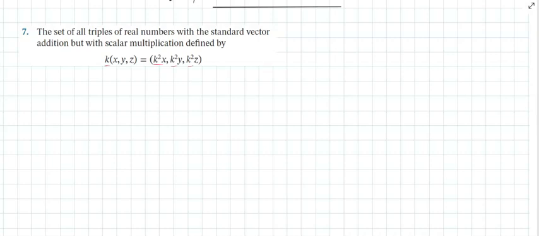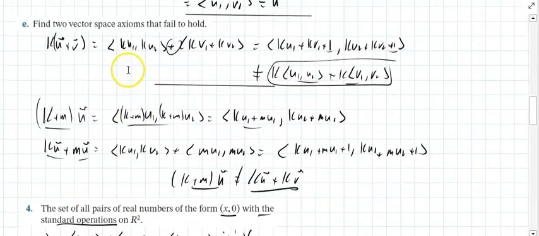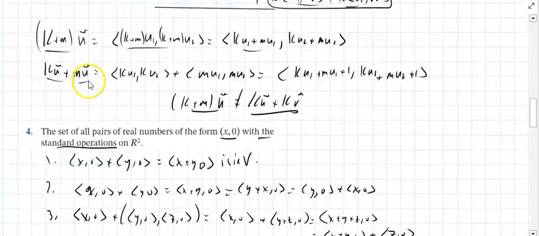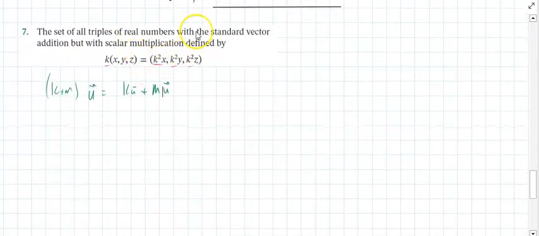If I take (k plus m) times u, we expect that to be ku plus mu. That's the axiom I mixed up, number 8. Let's see how this works.